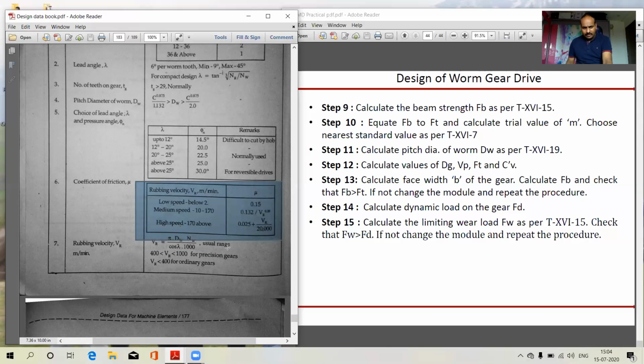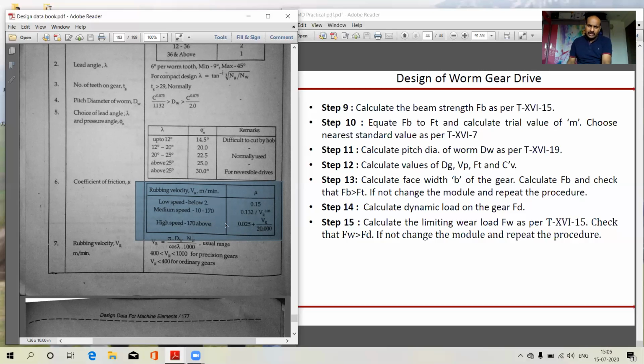If not, you must convert that VP into meter per minute. For low speed, that is if VR is below 2 meter per minute, then you must take the coefficient of friction as 0.15. For medium speed, that is from 10 to 170 meter per minute, it is 0.135 upon the rubbing velocity.